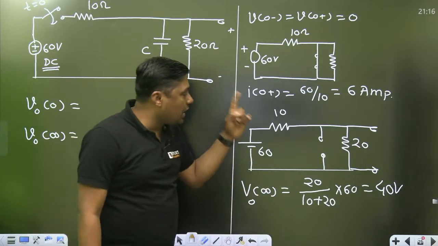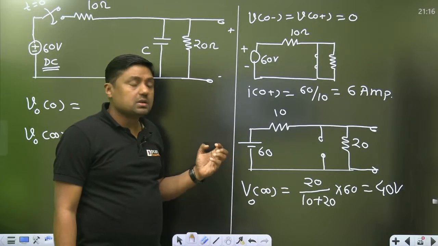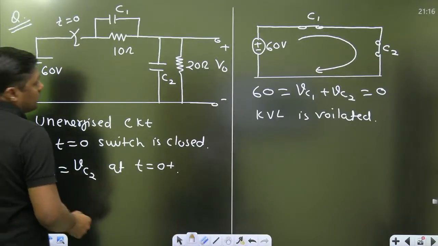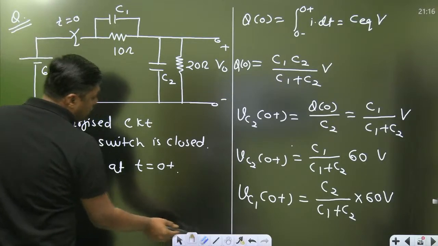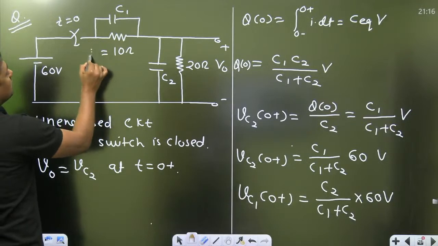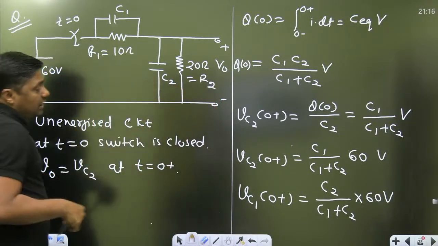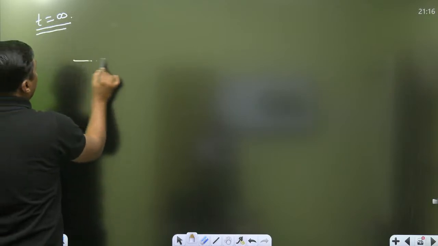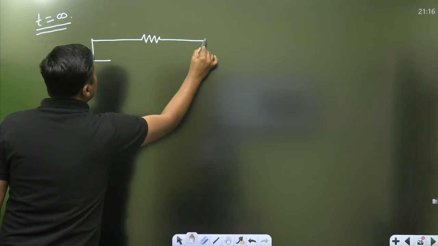General formula: R2 by R1 plus R2. If this is the resistor R1 and this is R2, what is the final voltage? Finally, at t equal to infinity, both capacitors will act as an open circuit.